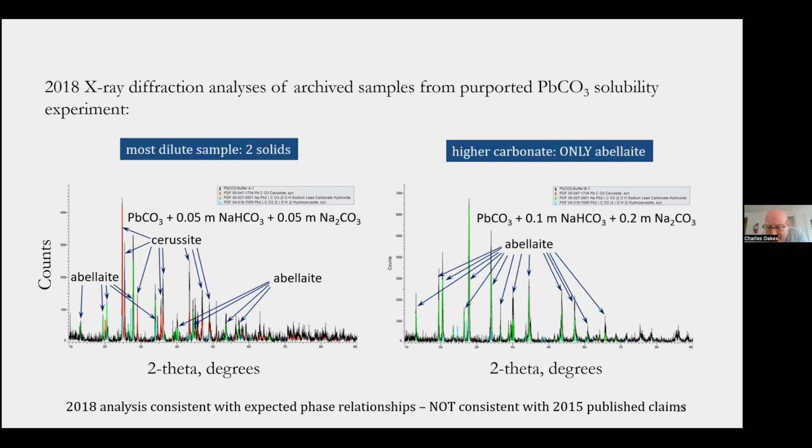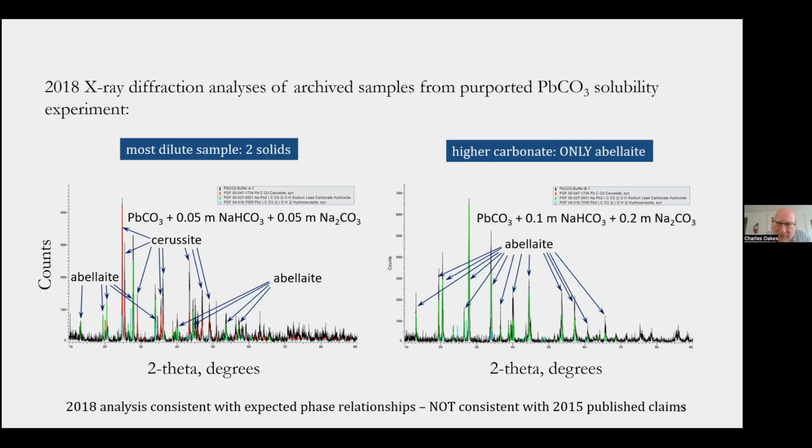So again, looks falsified. Now, I pointed out previously that there's 2 sets of samples. One contains sodium chloride and the other one just contains carbonate. So there's 12 samples in each data set. In the first data set, those data are what he claims they are, with the exception of one sample, which also mysteriously contains abelite.